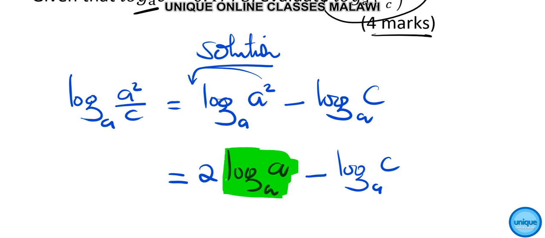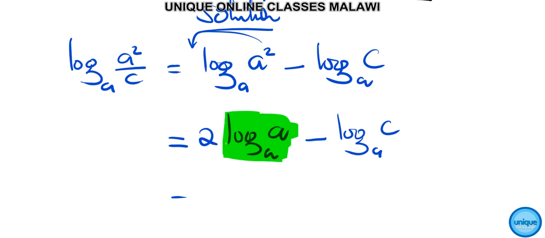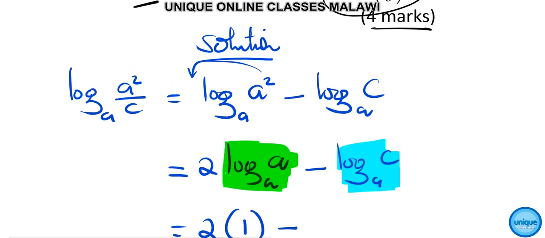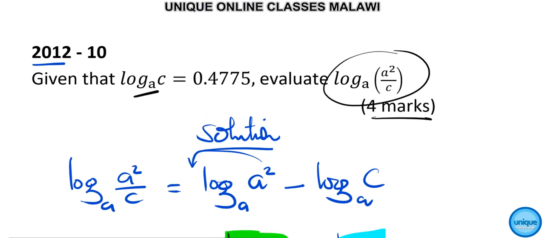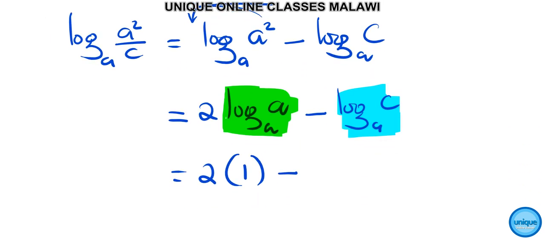So instead of writing log of a base a, we write 1, with 2 outside, minus log of c base a, which we were given in the question as 0.4775.